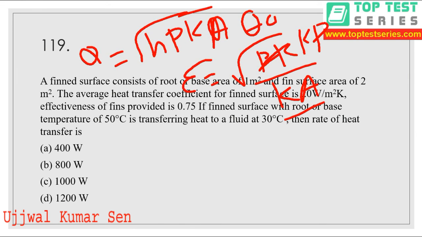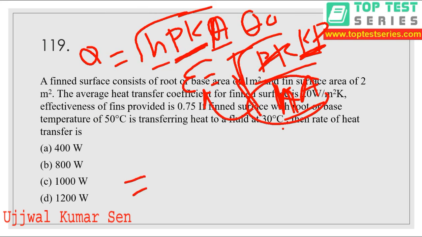Now look at this, the whole root is there, right? So what we can write is kP by hA. Pk and kA are the same, both are under the root, so we'll send this term over here. Epsilon multiplied by root of hA, and hA is already given.